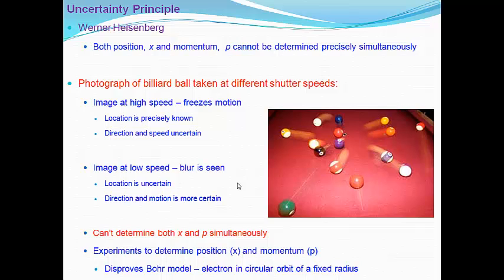The principle basically says that both the position and momentum of a particle cannot be determined precisely simultaneously. In other words, if we know the position very accurately, we cannot determine the momentum very precisely at the same time.